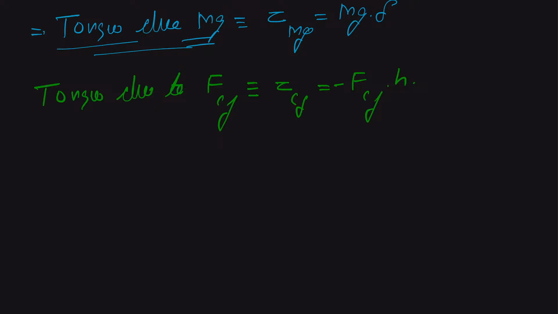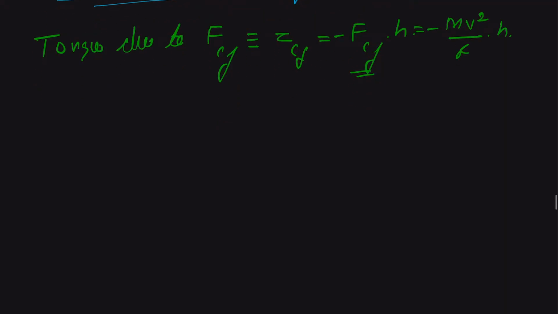And we substitute this formula, which is mv square upon r times h, and their summation will be equal to 0. Therefore, we get that our net torque should be equal to 0.